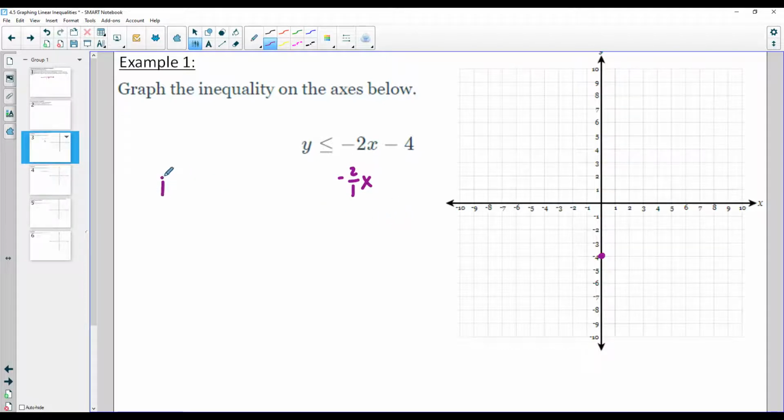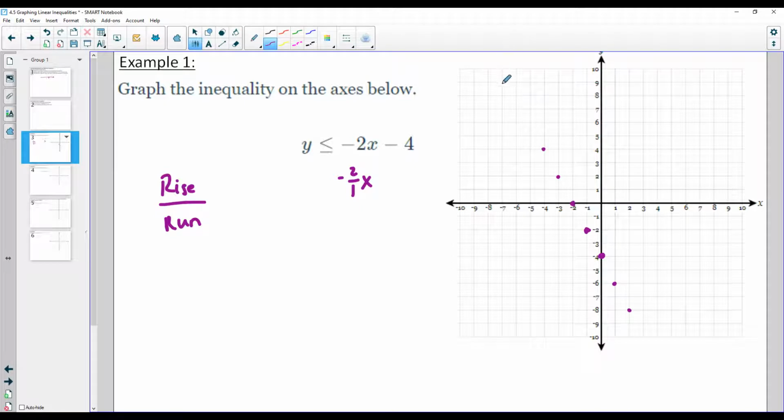Then we can use that rise over run idea. The rise means go up 2, and the run on the bottom is 1. Am I going to go left or right? I'm going to go to the left, since I want a negative slope, going downwards. So up 2 to the left 1, up 2 to the left 1, up 2 to the left 1. I can go down 2 to the right 1 as well.